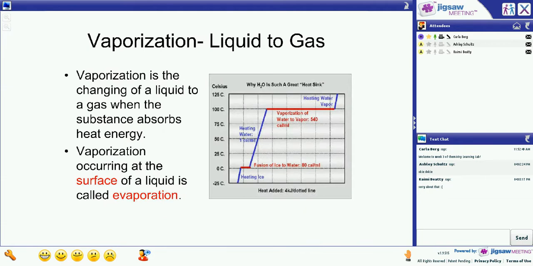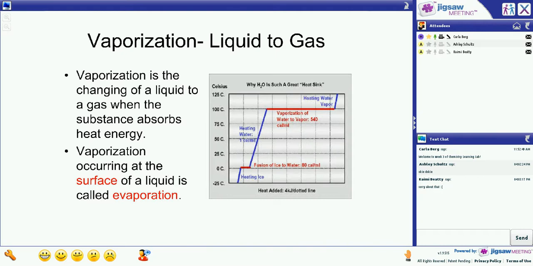Now vaporization is when a liquid changes to a gas. Vaporization is the changing of a liquid to a gas when the substance absorbs heat energy. Vaporization occurring at the surface of a liquid is called evaporation. When you boil water in a pot, the water right at the surface is becoming a gas.